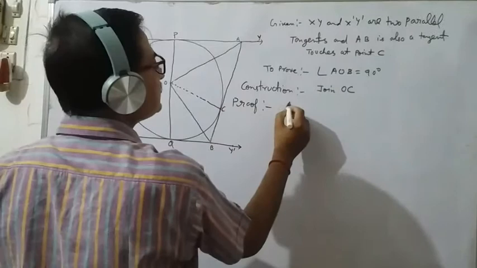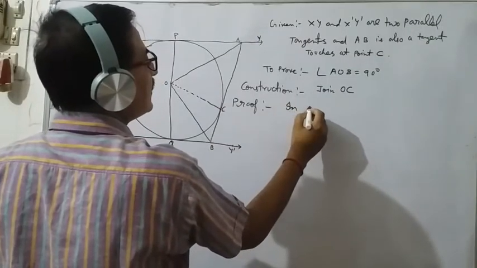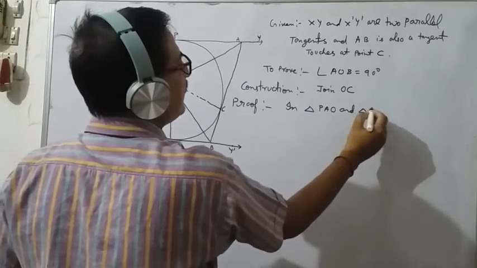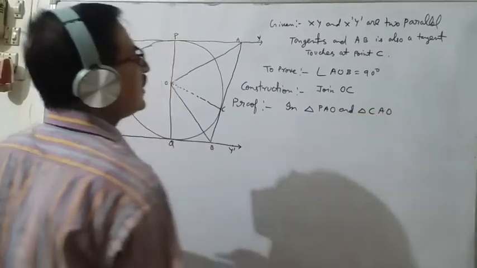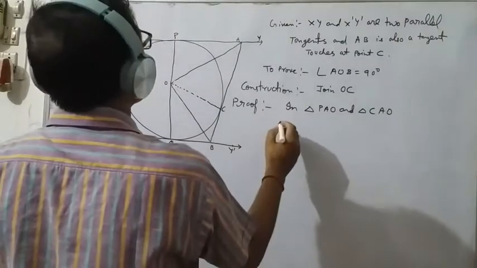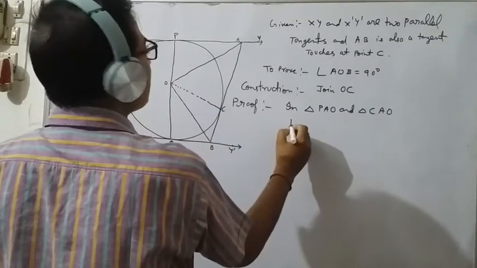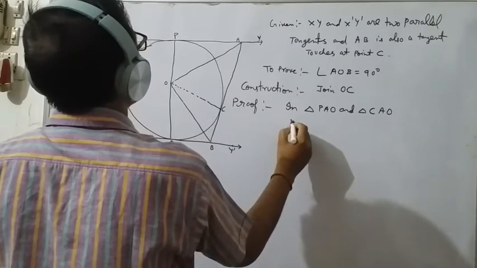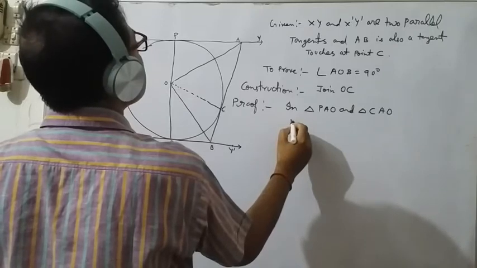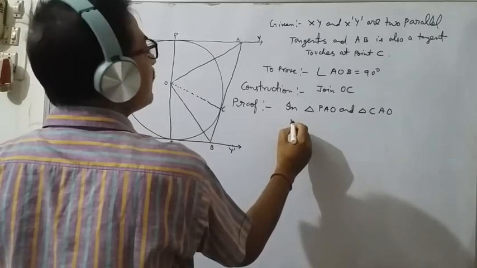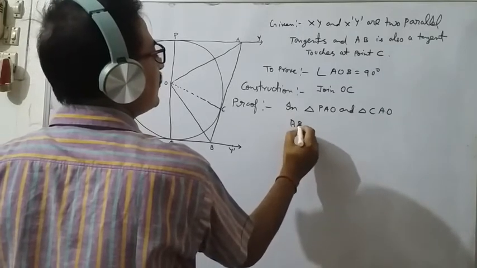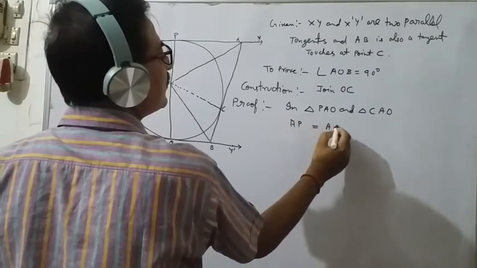In triangle PAO and triangle CAO, AP equals AC.